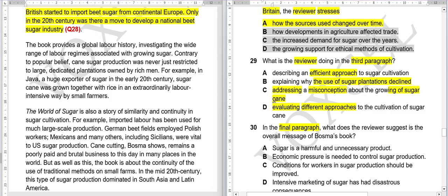Be very careful about the difference between A and D. In option A, they are talking about one particular approach which is better, more beneficial than others. Here they are talking about just different kinds of approaches.